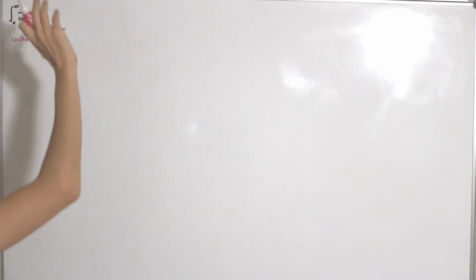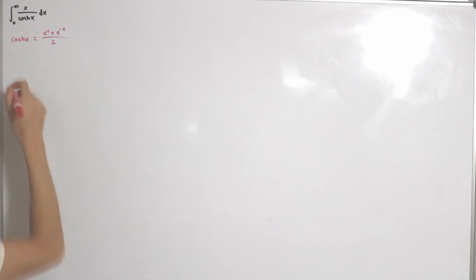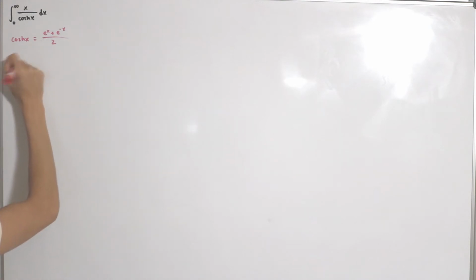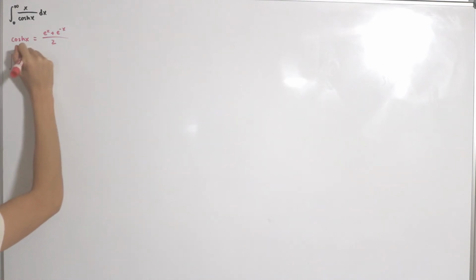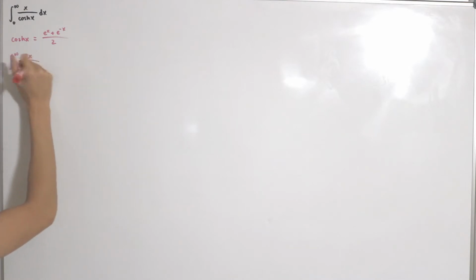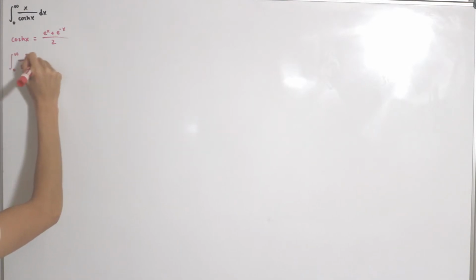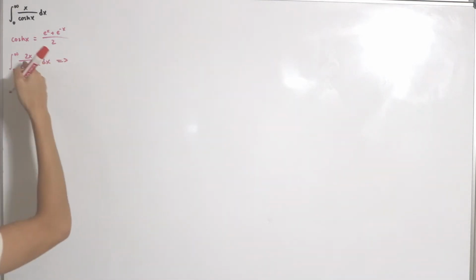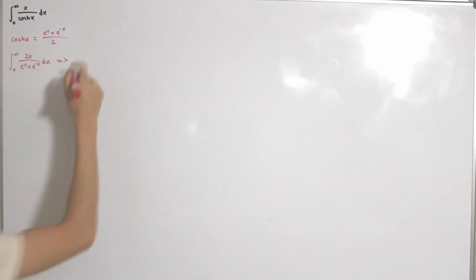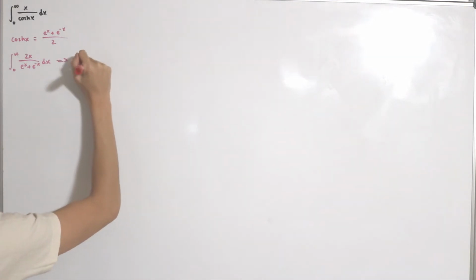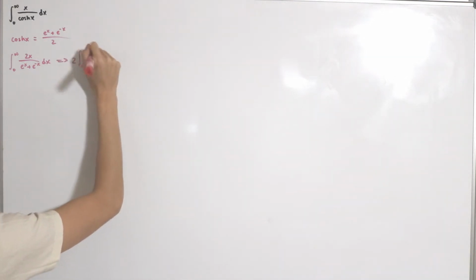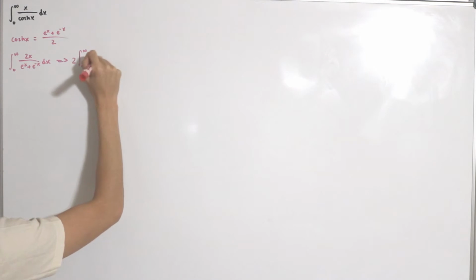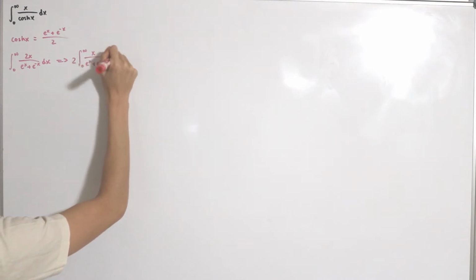Under division, I can just flip its reciprocal, so we have the integral from 0 to infinity of 2x divided by e to the x plus e to the negative x dx. There's a constant in here, so I can move that outside, and then x over e to the x plus e to the negative x dx.